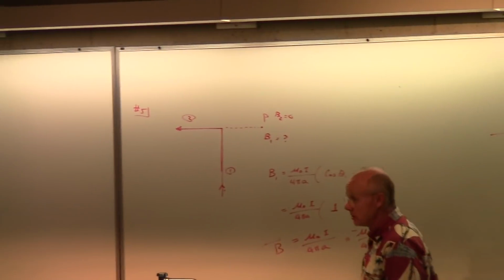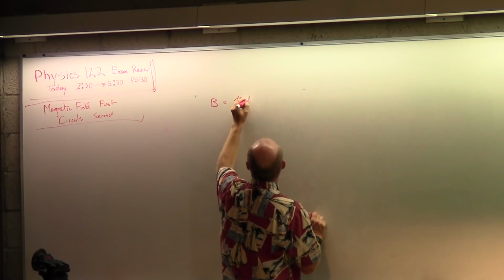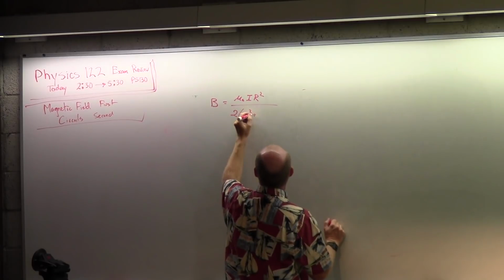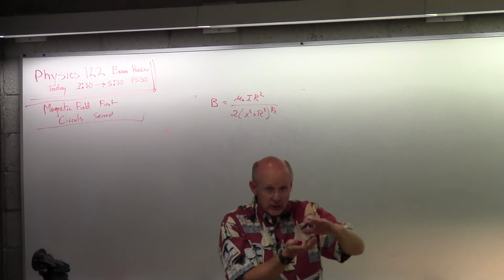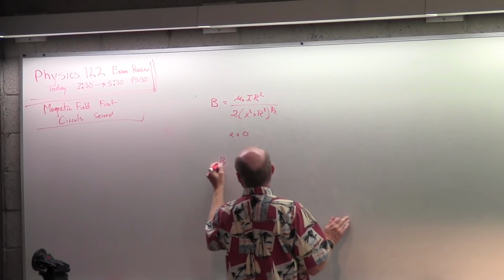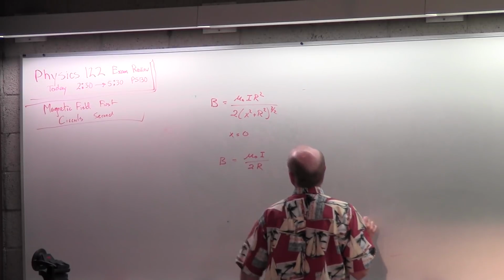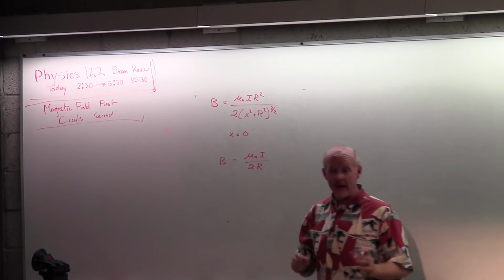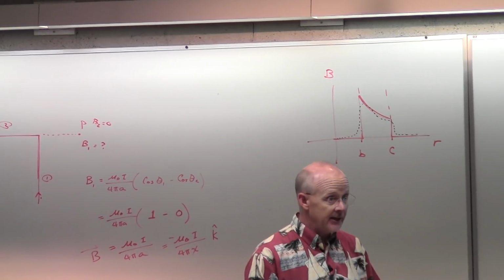And we're in the plane of the circle. So going back to the derivation for the magnetic field from a loop, this is what I have to work with. But since we are in the plane, then I would say the x equals 0. And this is the one we used 2 problems ago that said this. This is the magnetic field then from a whole circle when you're in the plane.